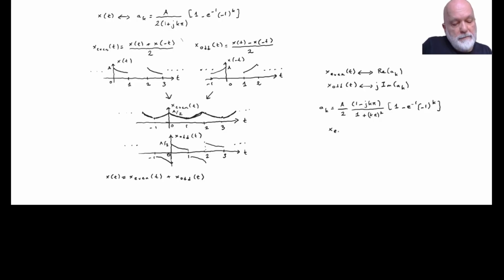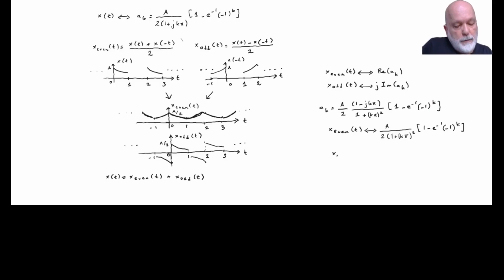Okay, so the even part of x of t will have the Fourier series coefficients given by the real part of a_k, which is a over 2 times 1 plus k pi squared, times 1 minus e to the minus 1 to the power k. Okay, so these are the Fourier series coefficients corresponding to the even part of x of t.